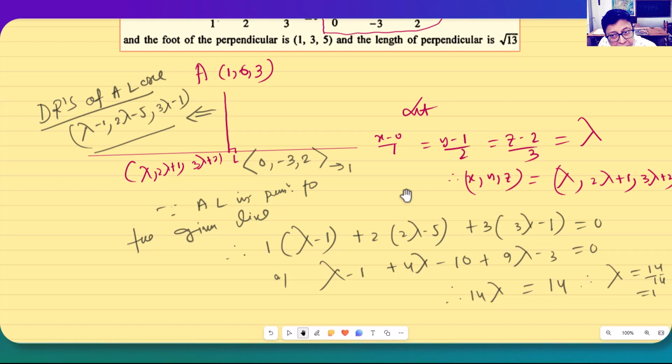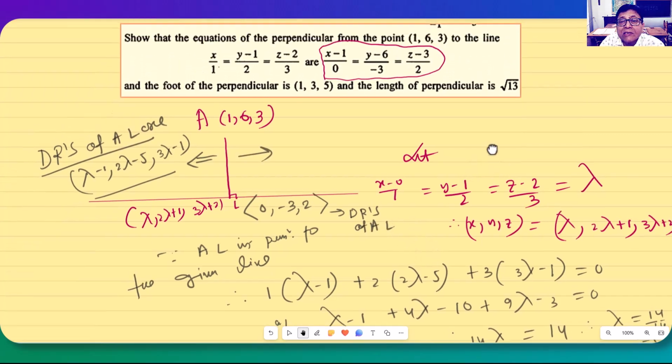Once you get this point L, and the direction ratios of AL, the equation of AL we have found out. What is that? A point on AL is known and direction ratios are found here. So the equation of AL is what? x minus 1 by 0, y minus 6 by minus 3, z minus 3 by 0.